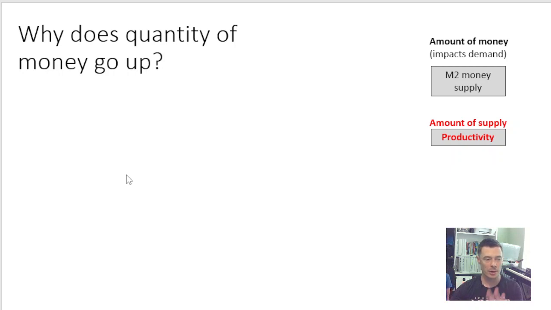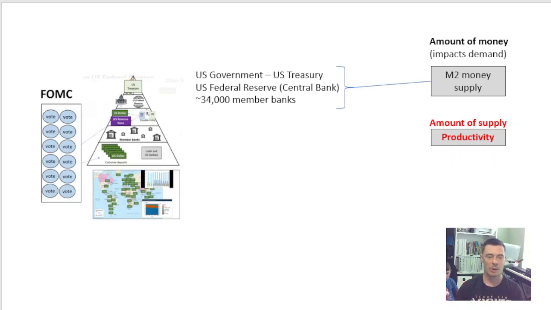So to go a step further into the analogy, why does the quantity of money go up? Well, this has to do with one of our last topics about the U.S. Treasury and the U.S. central bank, the U.S. Federal Reserve. The U.S. Treasury will issue U.S. debt. These are T-bills. These are bonds. The Federal Reserve acquires these for free.